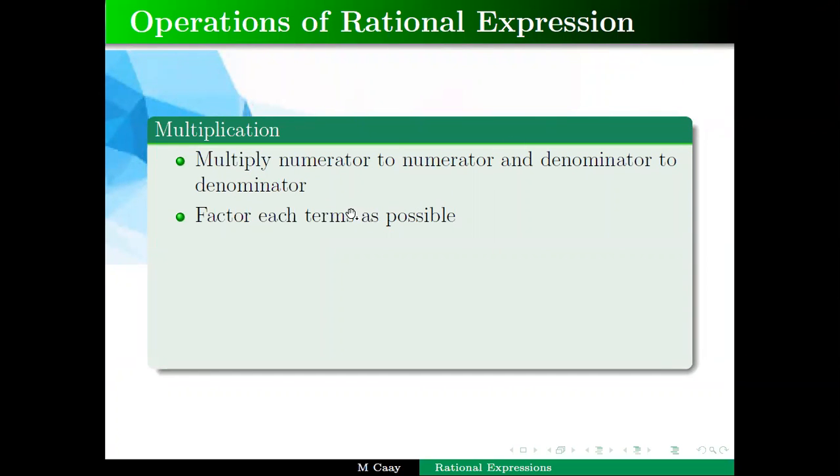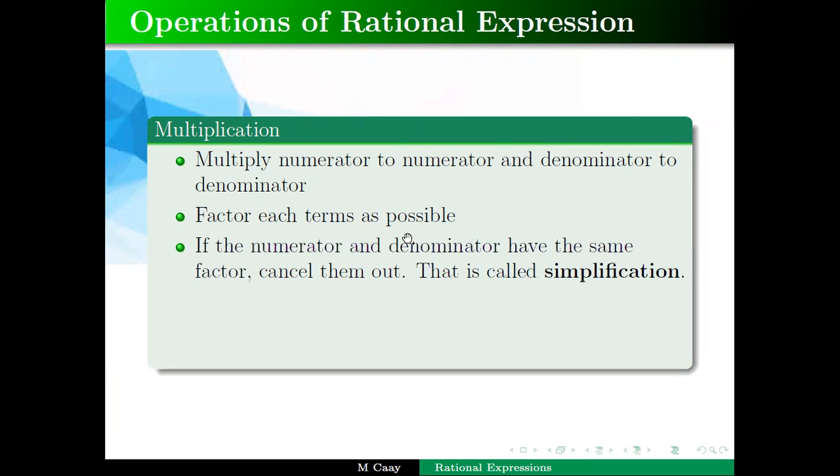Next, you can do the factoring either before or after multiplying, depending on what is easier for you. You can factor each term as much as possible, and once you factor them out, if the numerator and denominator have the same factor, you can cancel them out. That's what we call simplification.